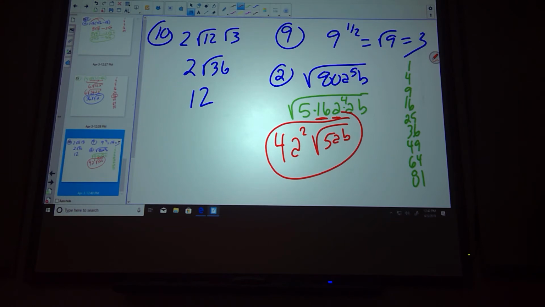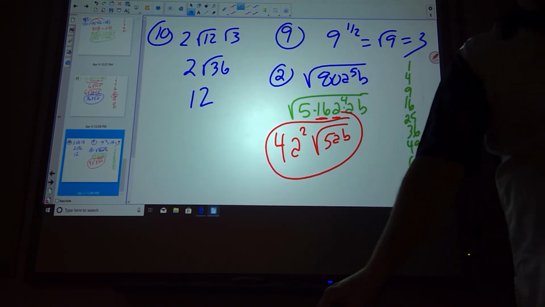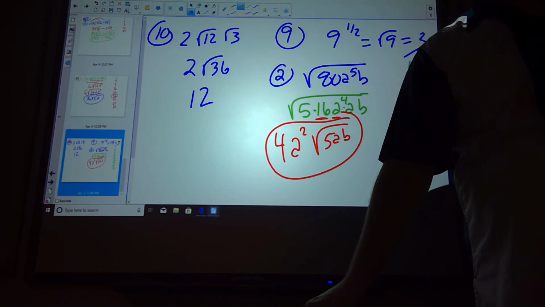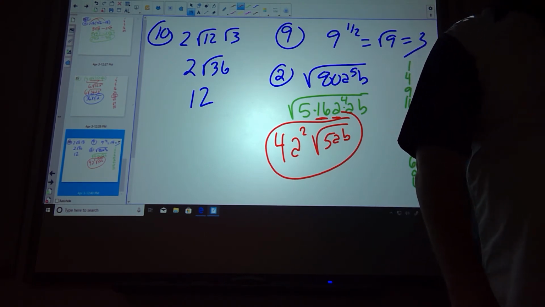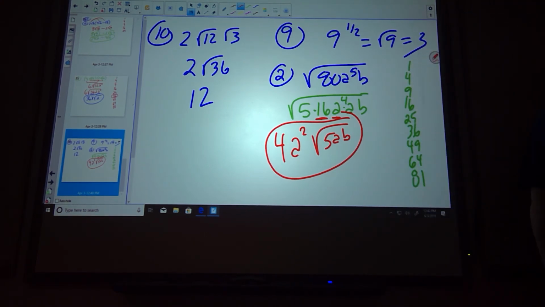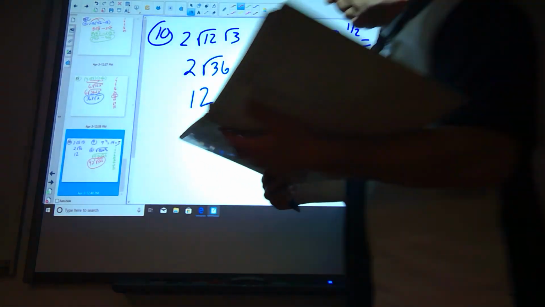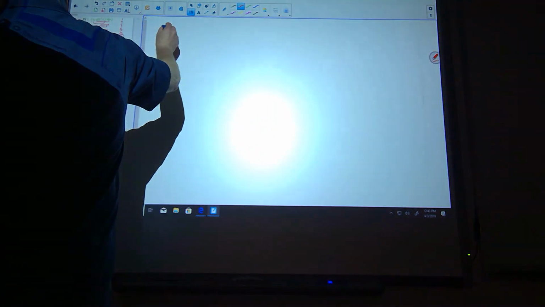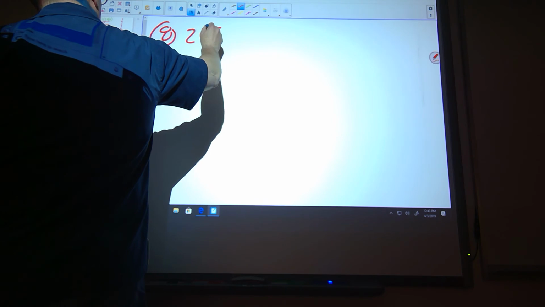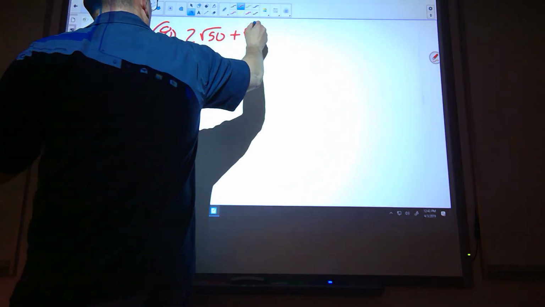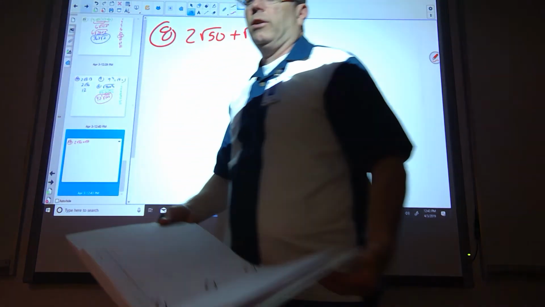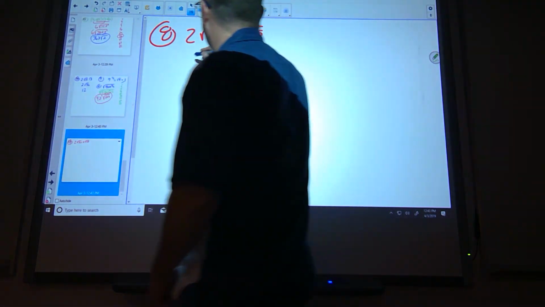What else off that page 111, or 112? 8? Can anyone just look at that and tell me the two perfect squares that are going to work?